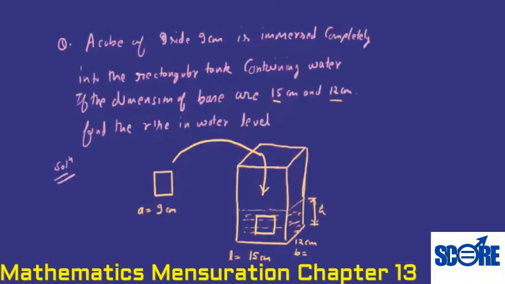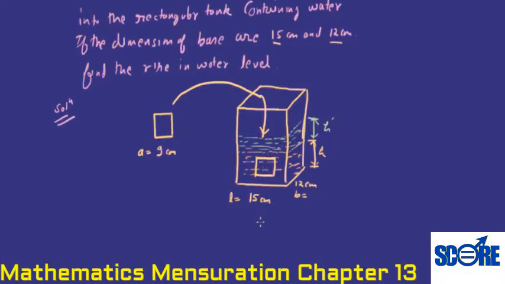Let's say the water level is up to this position. Let's say that this is the increase in the water level due to the immersing of the cube. So let's denote it by h dash. Now, what we see here, this portion is created due to the immersing of this cube.